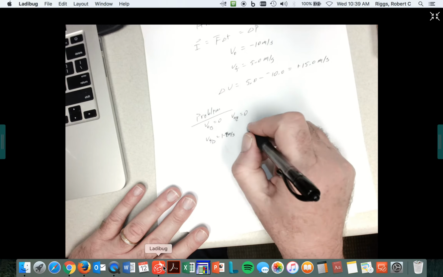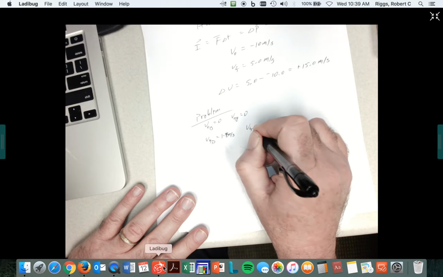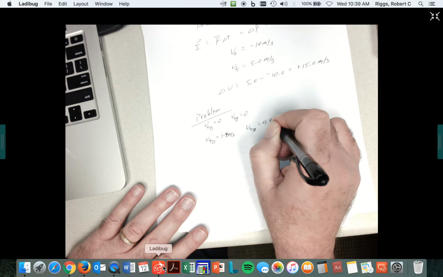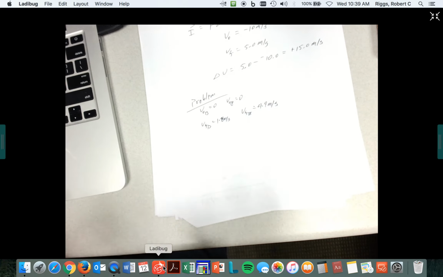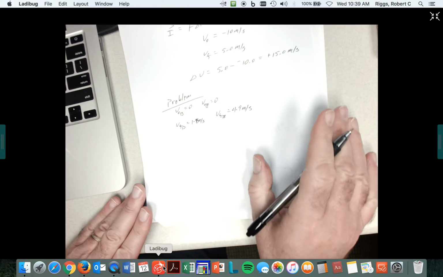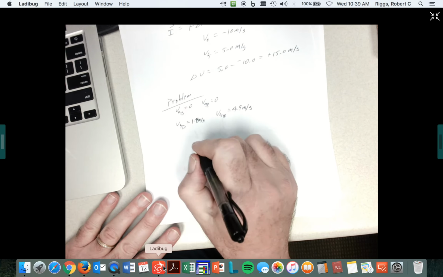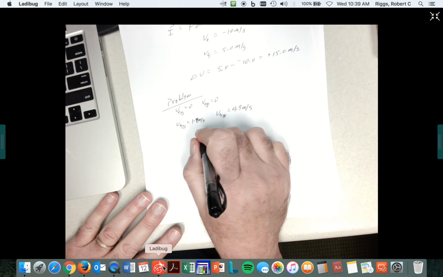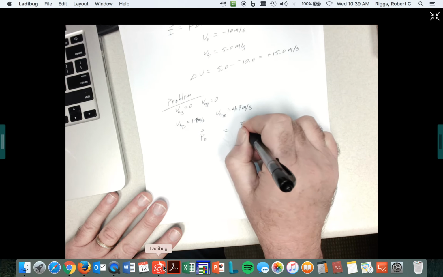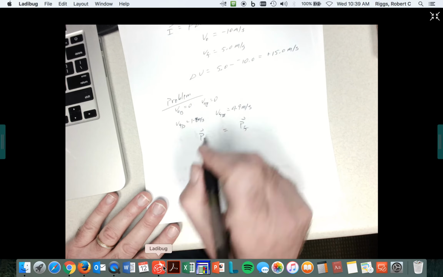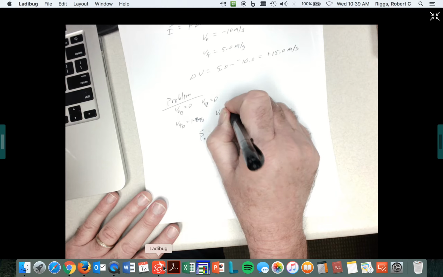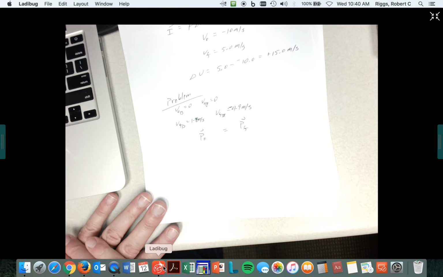Okay, and the final velocity of Indar is 4.9 meters per second. All right, here's the deal. You set up all these conservation of momentum problems just like this. The momentum before of the whole system is equal to the momentum after of the entire system. Don't forget your negative sign on that 4.9 meters per second.